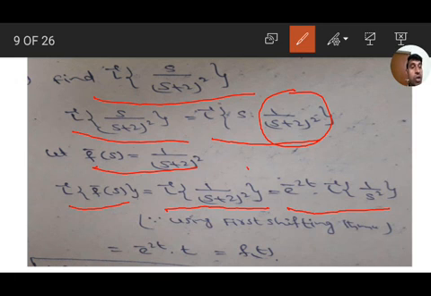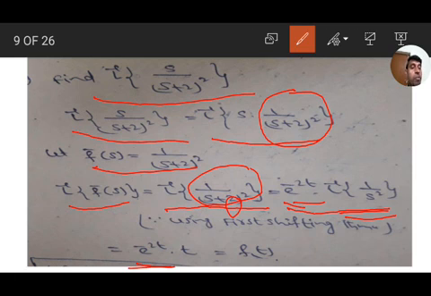Here also L inverse of f bar of s plus a. The first shifting theorem says that L inverse of f bar of s plus a equal to e to the power of minus at into L inverse of f bar s. Here a means 2. So e to the power of minus 2t into L inverse of 1 by s square.